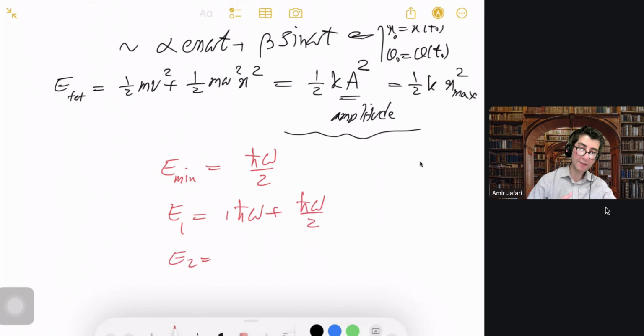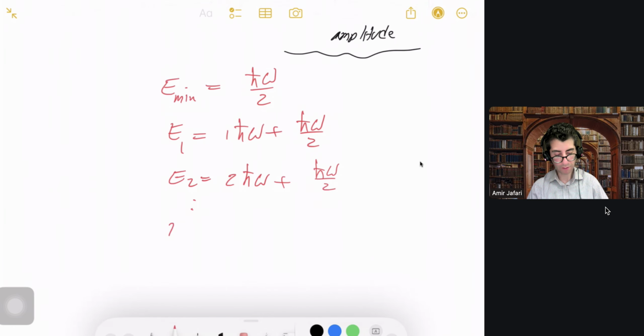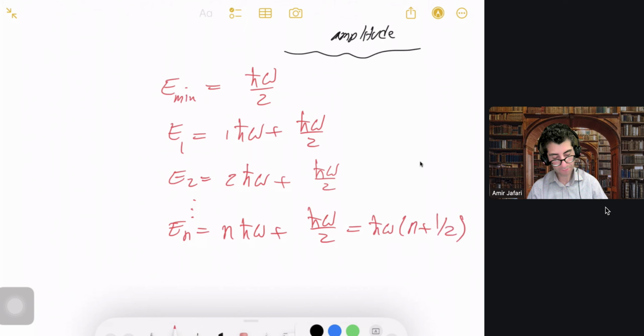If you increase the energy of the simple harmonic oscillator, the energy will basically increase discretely, not continuously, and it goes like this. So in general, what you get is E_n, the nth excited level of the simple harmonic oscillator, is n h bar omega plus h bar omega over 2, which can be written as h bar omega (n plus 1/2).